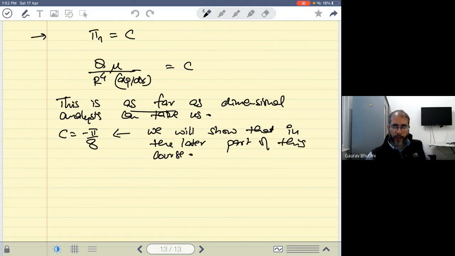All right. And it will be a very interesting experience to see that we indeed can find this whole relationship from the equations of mass and momentum balance. And we also got the same equation from the idea of dimensional analysis very quickly.